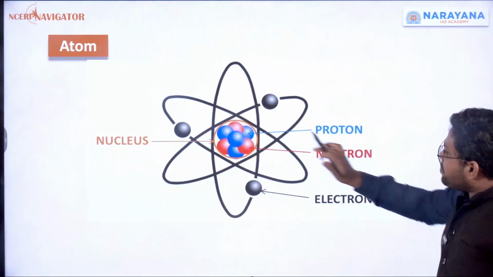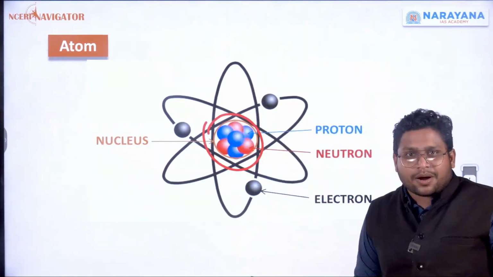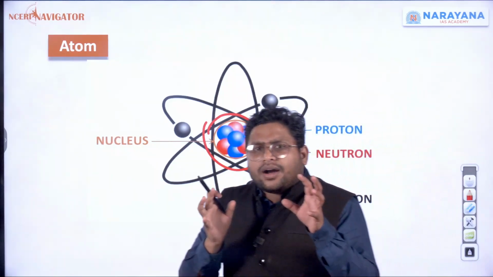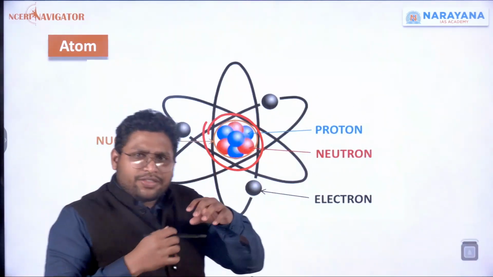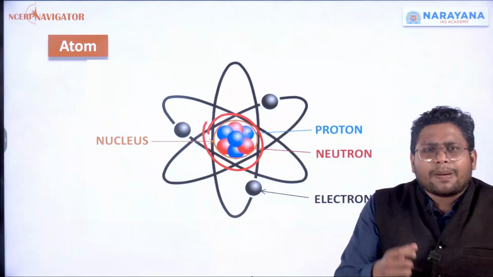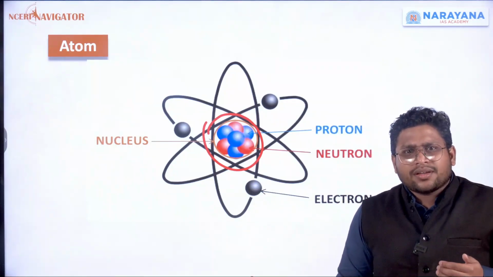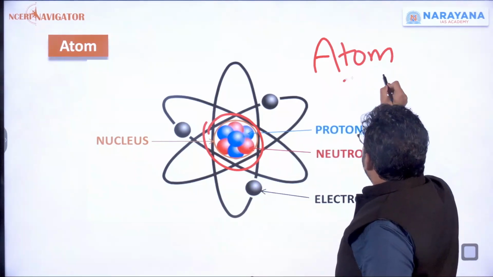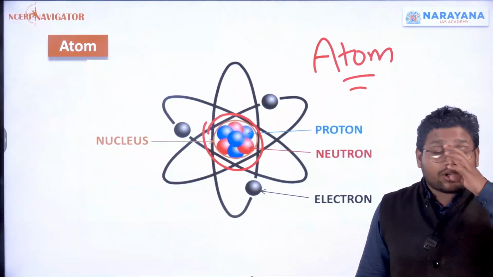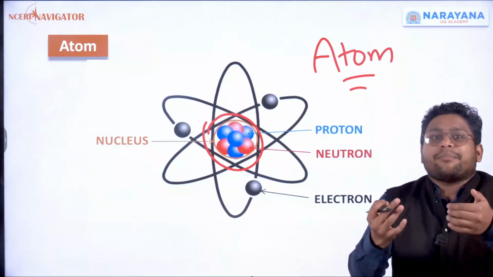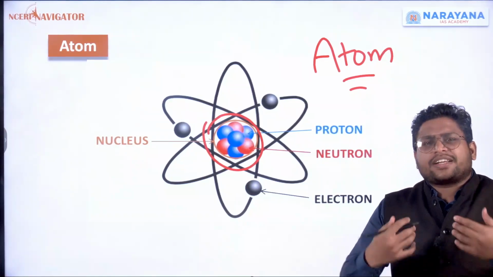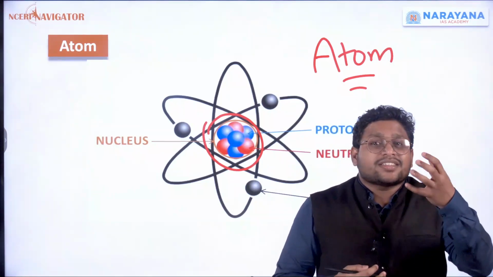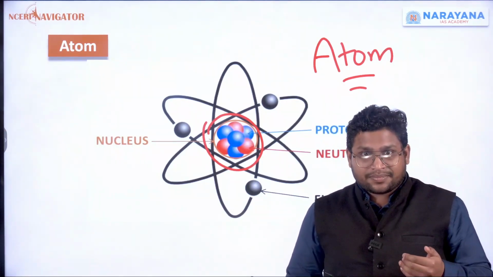Now, if I specifically talk about this nucleus part, we earlier said that atom is the indivisible part, the smallest unit you get when you divide matter into smaller parts. So earlier scientists thought that we can't go beyond atom. We cannot see what atom is made up of. But later on, studies have shown that even an atom can be divided, and there you will find subatomic particles.